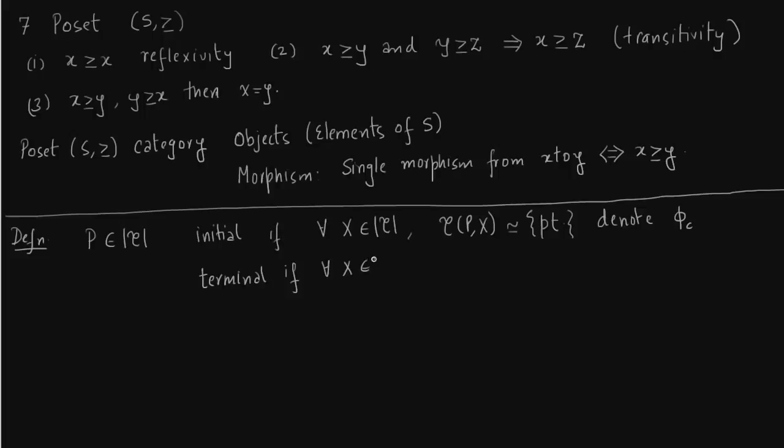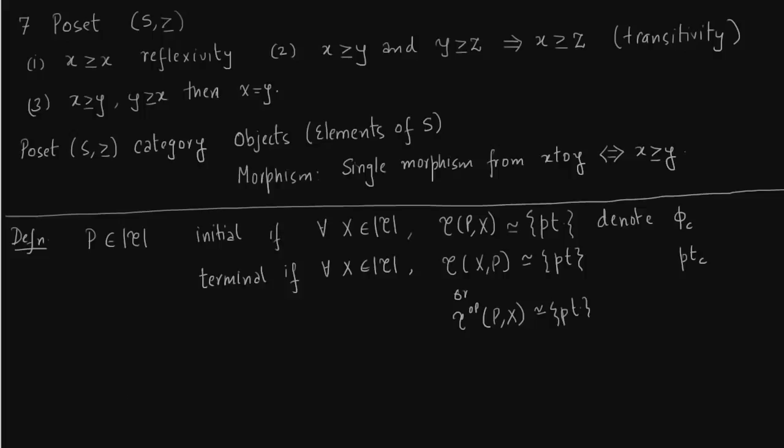So dually we have the terminal object. That would mean that there is precisely one map from every object to this terminal object. So this is also a point, or isomorphic to a point, which means that there is precisely one map from every object of C to P, or you can say a terminal object is initial in the opposite category.